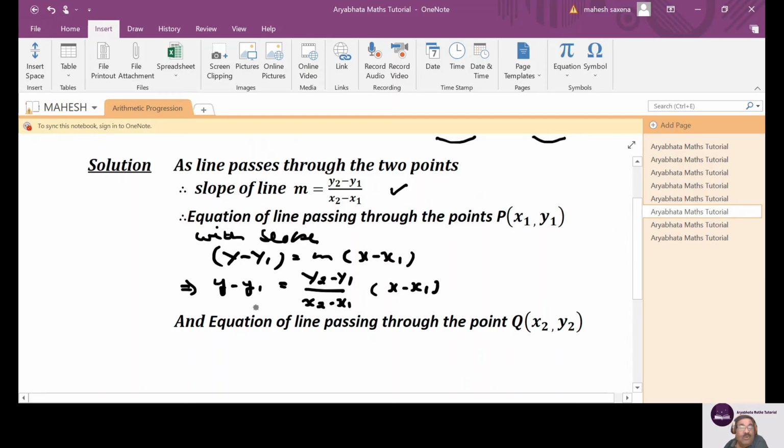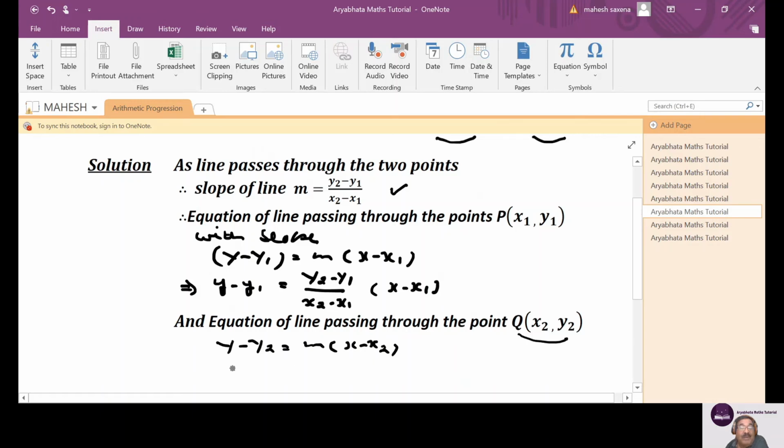We can also find the equation by assuming that the line is passing through the second point Q, x2, y2 with slope m. Therefore, in this case, we can write that y minus y2 is equal to m into x minus x2. But already we know that m is equal to this.